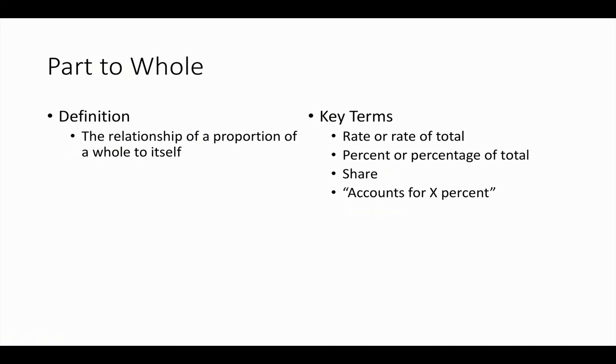And a part to whole is simply the relationship of a proportion of a whole to itself. And when you hear things like rate or percentage of total, share, accounts for X%, you're probably talking about part to whole. And remember, we're always going to want to show the whole so that people are comparing the part to the whole, not just to the other parts.